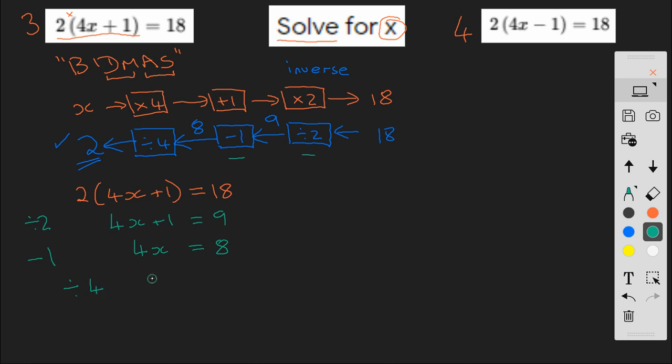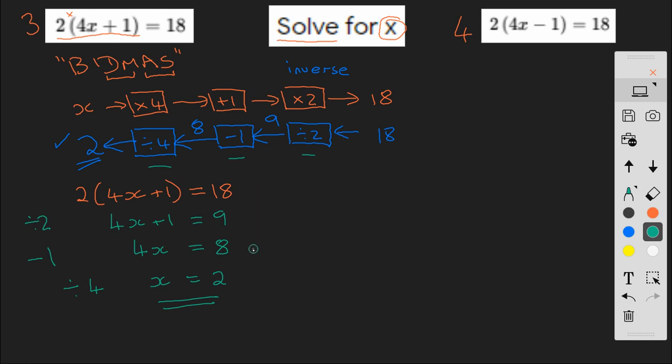I divide by 4. So x equals, I've got to do the same thing to the right hand side. x is 2. And that was that step there. Hopefully this number machine here is showing you why we do the algebraic steps in the order that we do them.